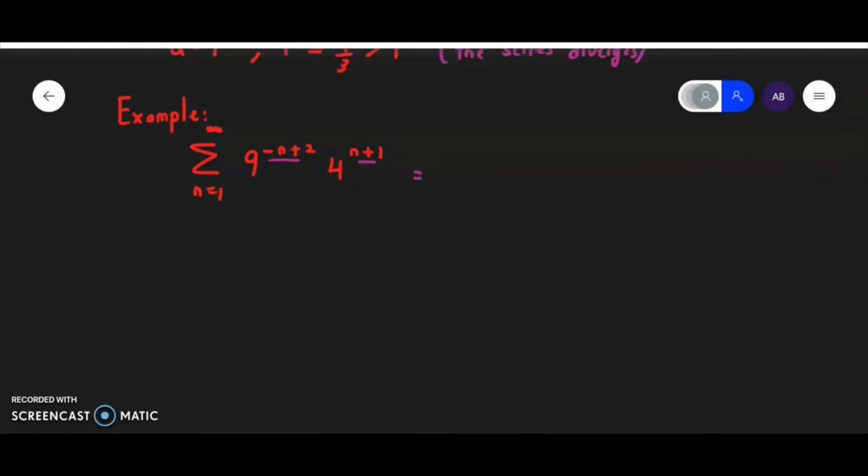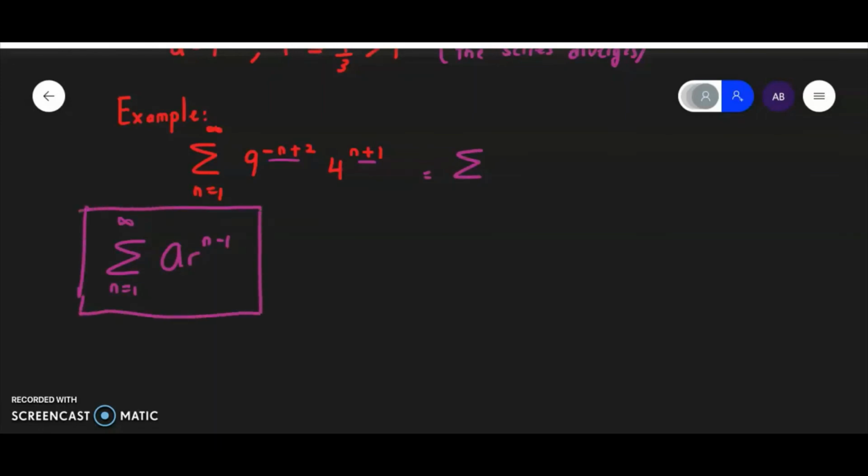So let's do that. We want to write it in the form of a geometric series. So we have the sum from n equals 1 to infinity. Now I need to make sure this is n minus 1. So I'm going to factor out the negative here. By factoring out the negative, I have 9^(-(n-2)) times 4^(n+1).